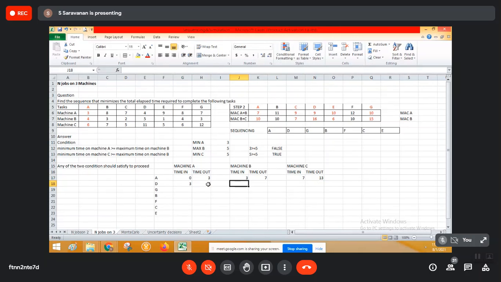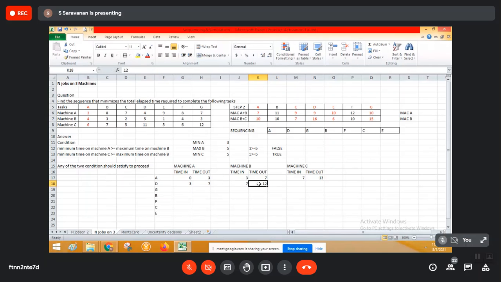See here, we have to compare. Machine A out time is 7. Machine B out time is also 7. So the machine will be free to take the activity, and it can start at the 7th minute. It is taking 5 minutes, so 7 plus 5, 12.